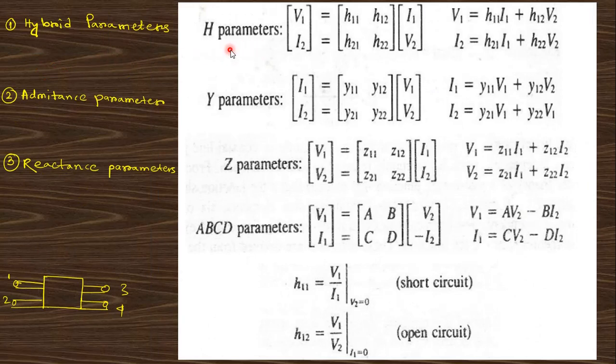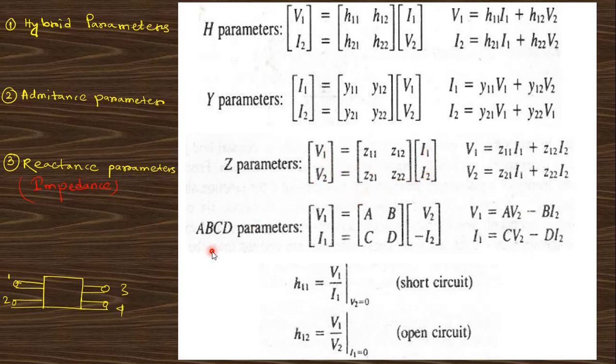First one is the H parameter, the hybrid parameter. If we take two ports, then V1 and V2, I1 and I2. So V1 and I2 are connected with I1 and V2, whereas for the admittance parameter, I1, I2 are connected with V1, V2, and the impedance parameter is like that, V1, V2 connected with I1, I2.